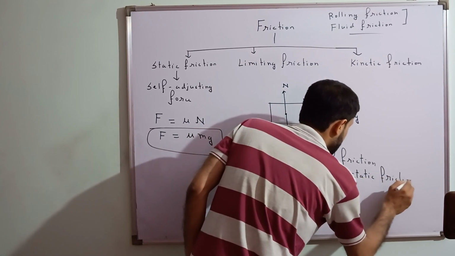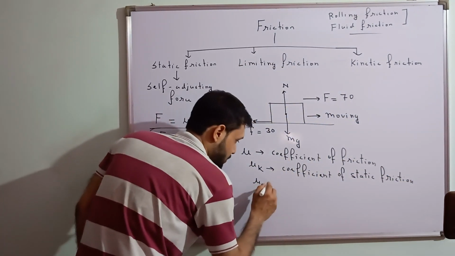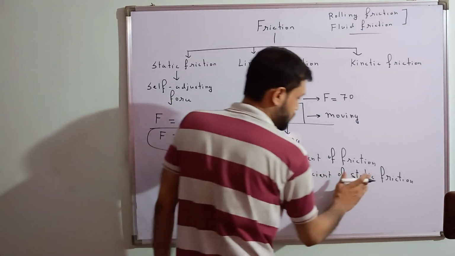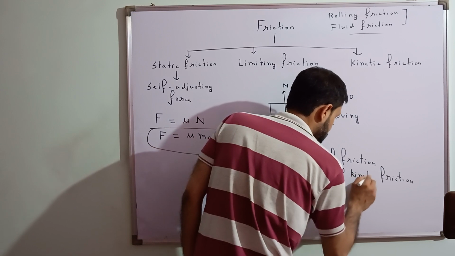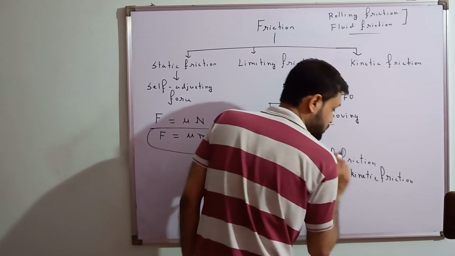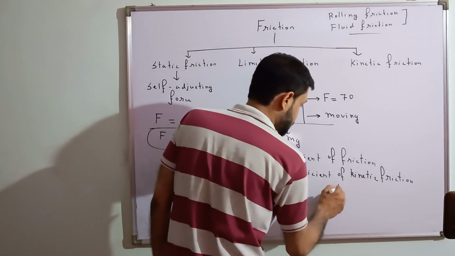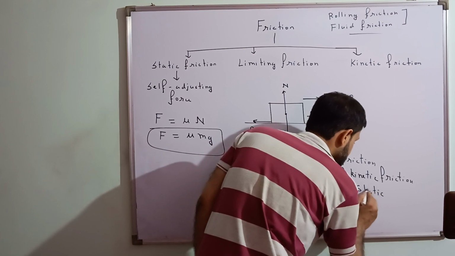Now, if the same object is moving, I'm writing it like this, mu k. This is the coefficient of kinetic friction, when I'm writing k for kinetic friction. And mu s is the coefficient of static friction when the object is at rest.